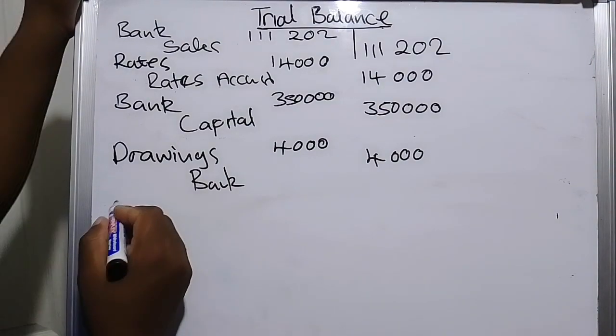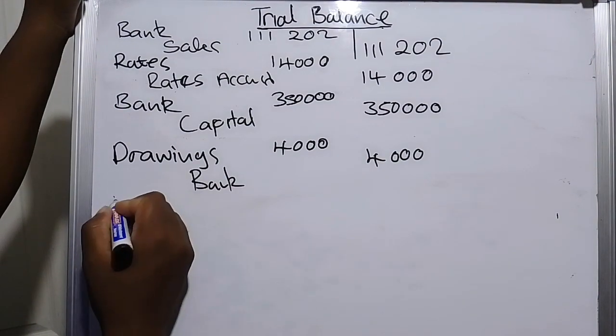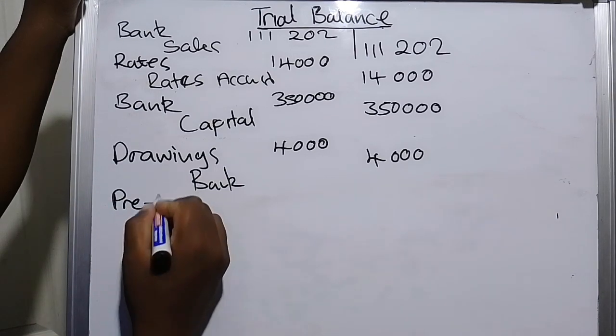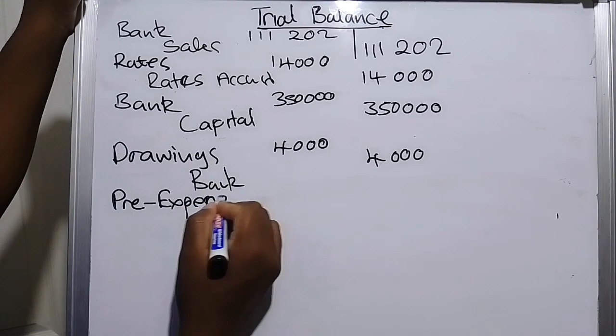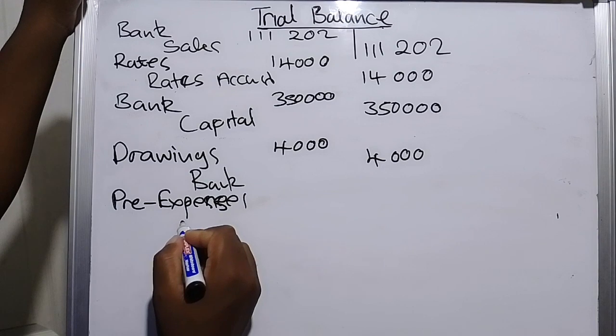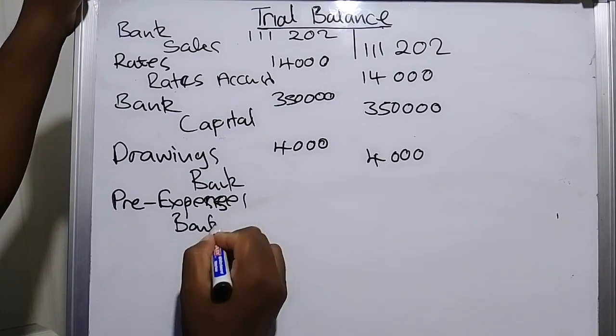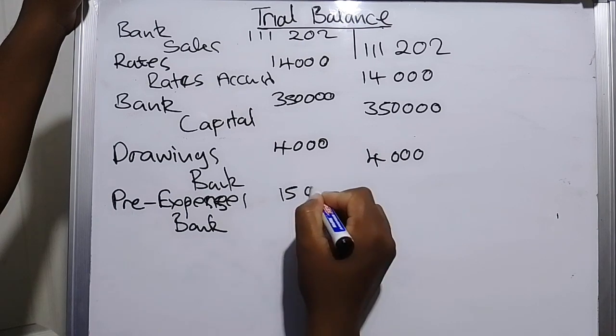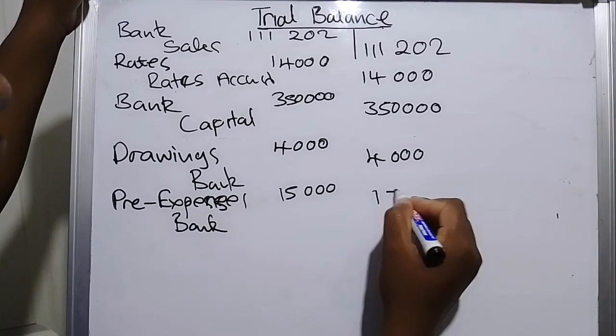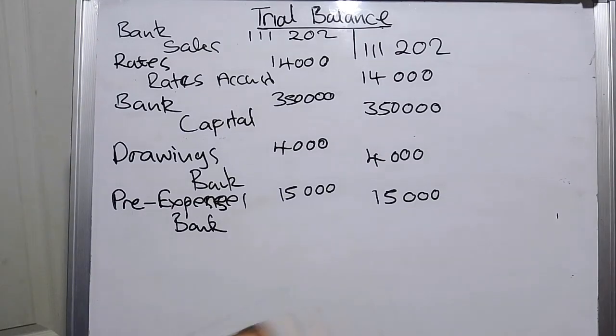What we do here, we are going to debit preliminary expenses and credit bank account with the relevant amount, 15,000. Okay, that's it, and we move on to furniture.